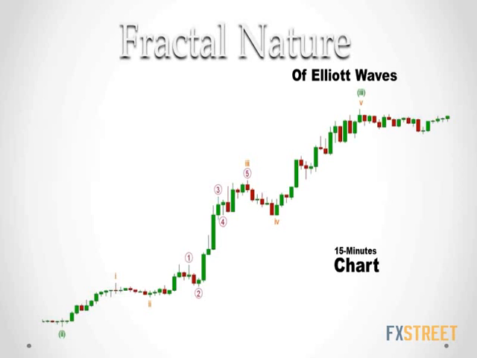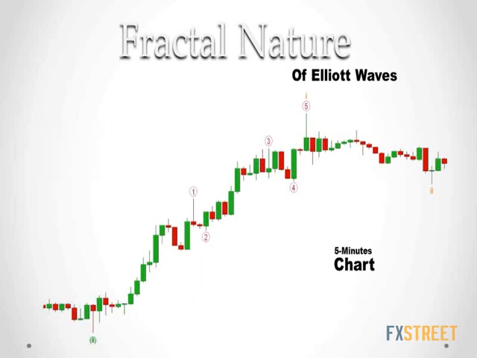What should we expect going to a lower time frame to see the subdivisions within wave 1 orange here? What will we see? We can see within wave 1 orange a clear 5-wave structure labeled waves 1 through 5 in purple.